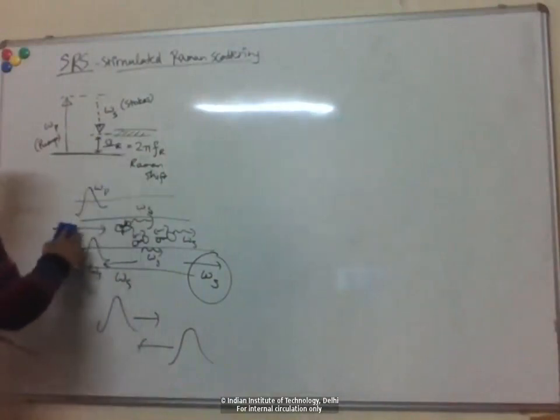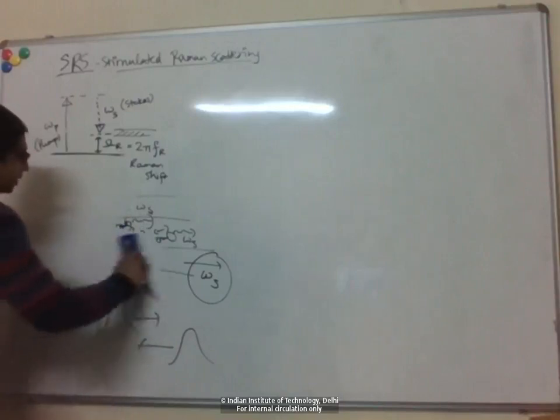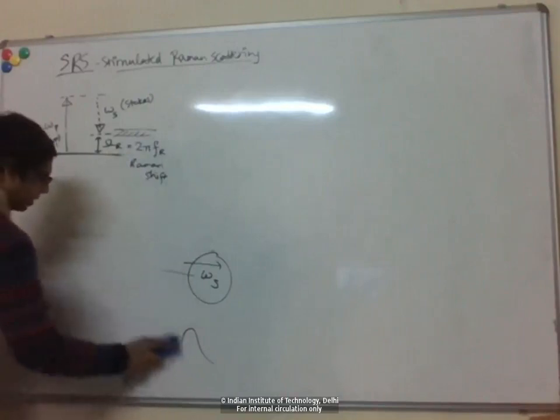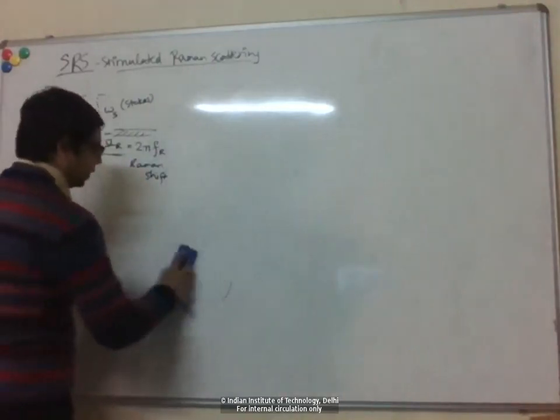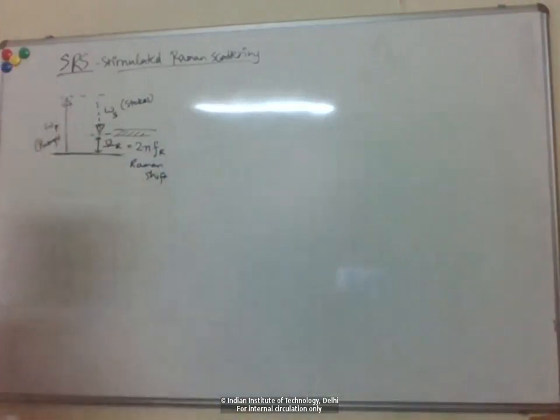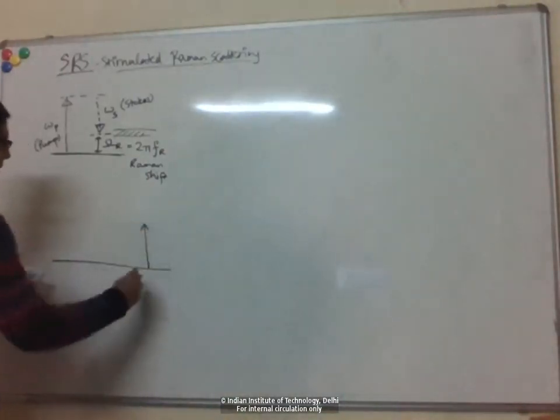Okay, so basically it's a scattering effect, just like Brillouin scattering. Just the frequencies are different, and it can occur in the forward direction. So again, there is a Raman spectrum just like a Brillouin spectrum.